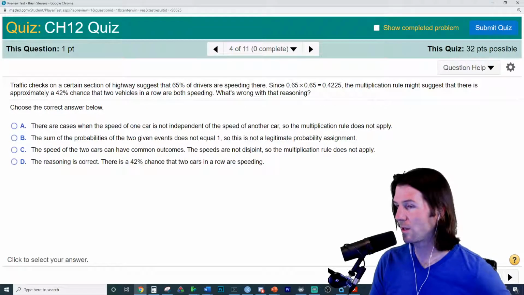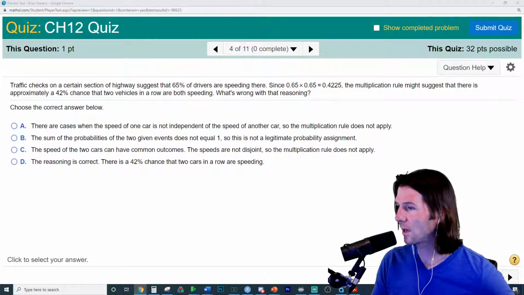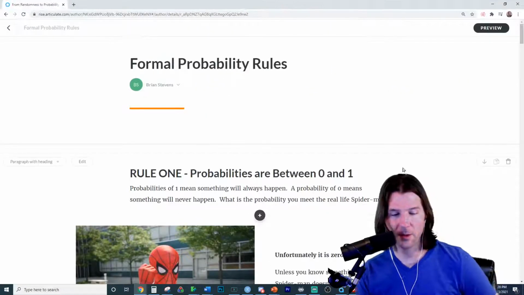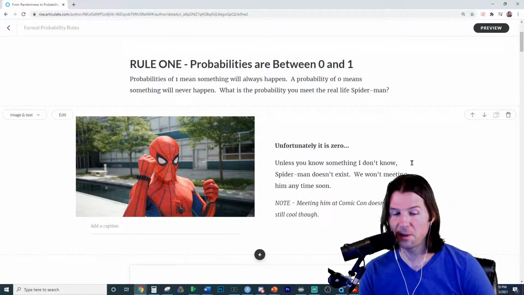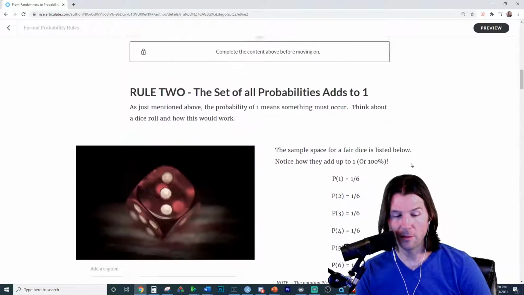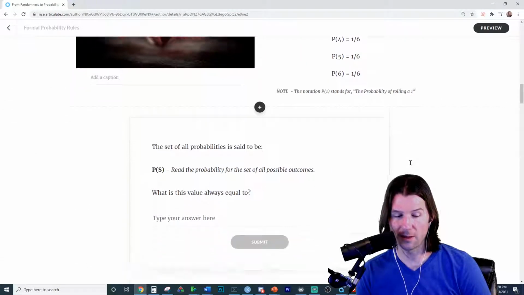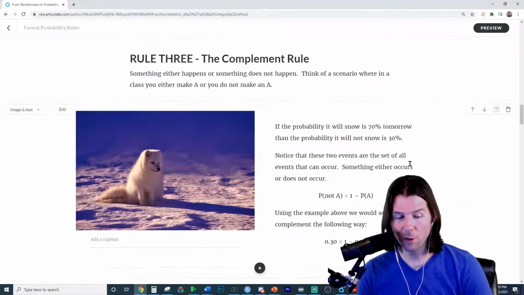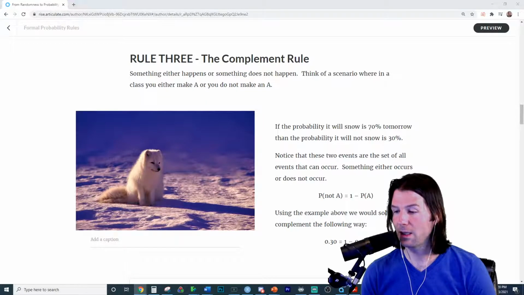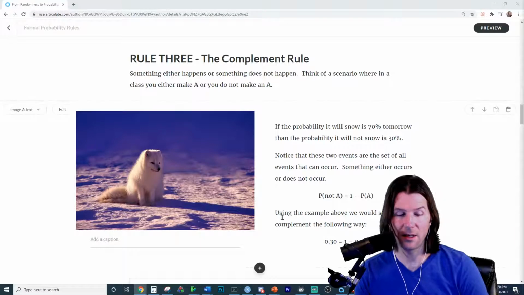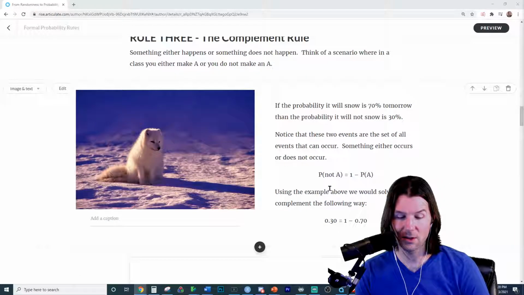I'm pulling up some notes right here to help out. If you're watching this, I've got some really important notes for this where we do the rules of probability. Rule 1, probabilities are between 0 and 1. Rule number 2, all probabilities add up to 1, the set of all probabilities. Rule number 3, the complement rule: if you have the not of an event, like something happens or does not happen, like what's the probability it snows or does not snow.